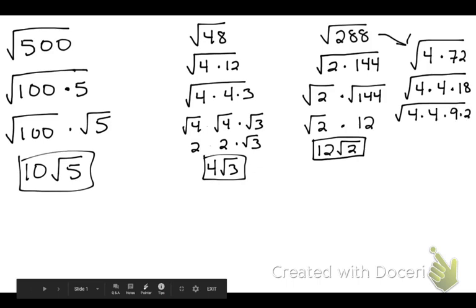And I know the square root of 4 is 2. There's a second square root of 4. The square root of 9 is 3. And I have this 2 left over. And 2 times 2 times 3 is 12, times the square root of 2. And the point being, you can think about this a lot of different ways, and as long as you follow the property, it'll work out just fine.